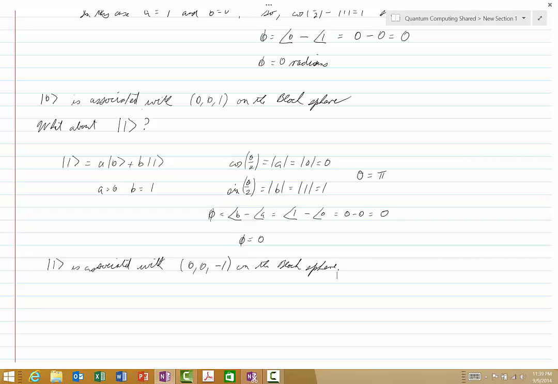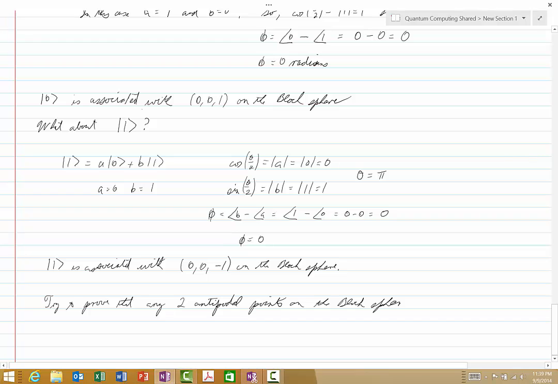I strongly urge you to try to prove that. So let's even write that down. Try to prove that any two antipodal points on the Bloch sphere correspond to states that are orthogonal to each other.